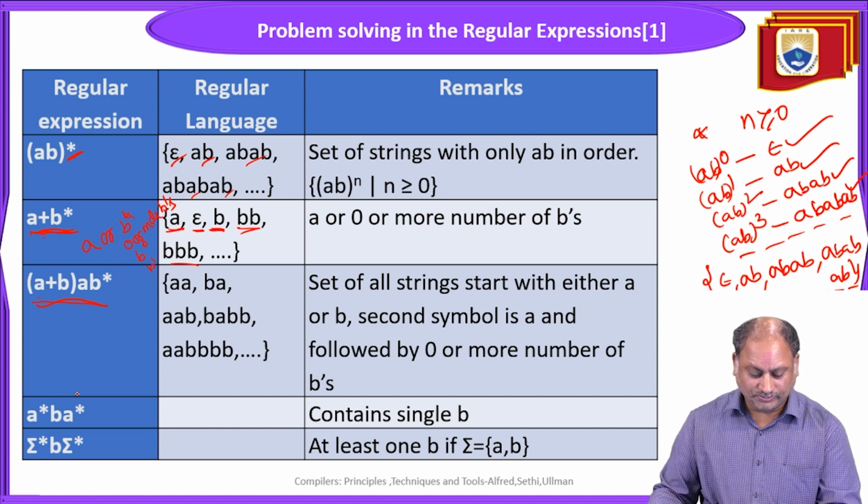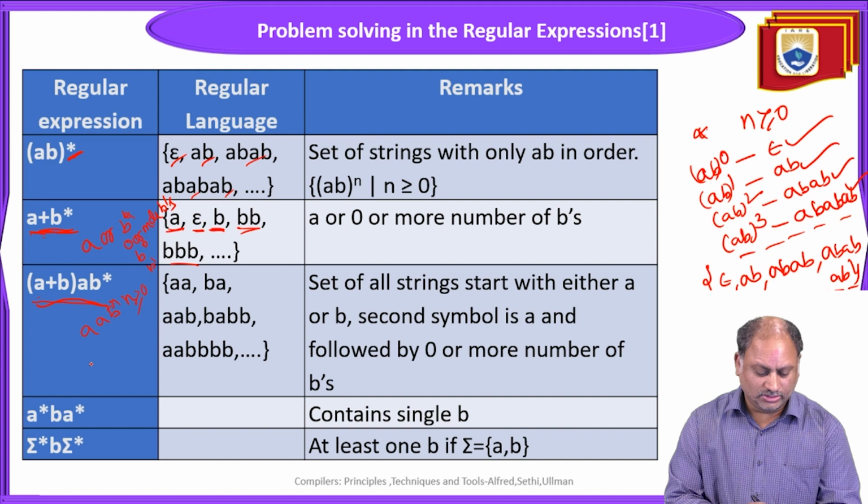That means the first is either A or B, the second one is A, and the third is zero or more number of B's. So B power n, n greater than or equal to 0.